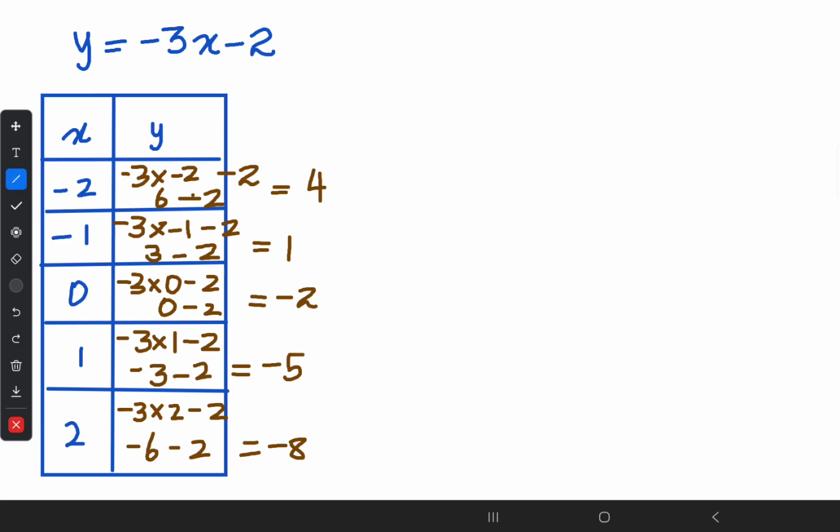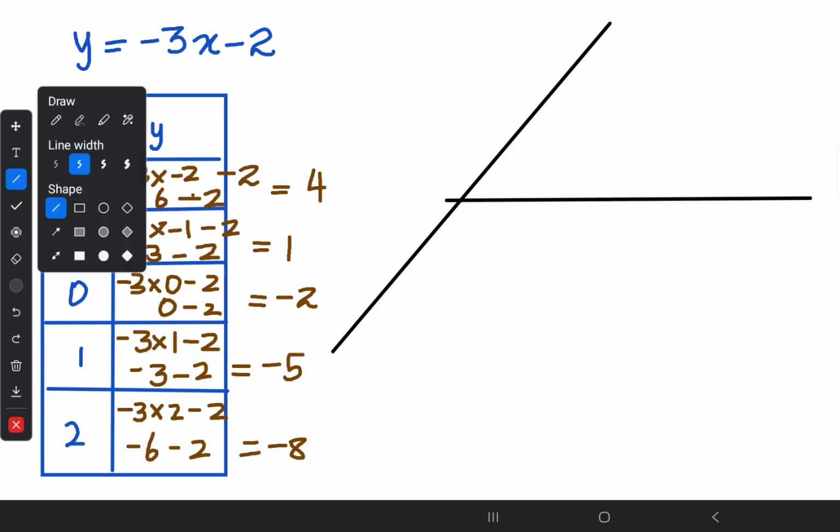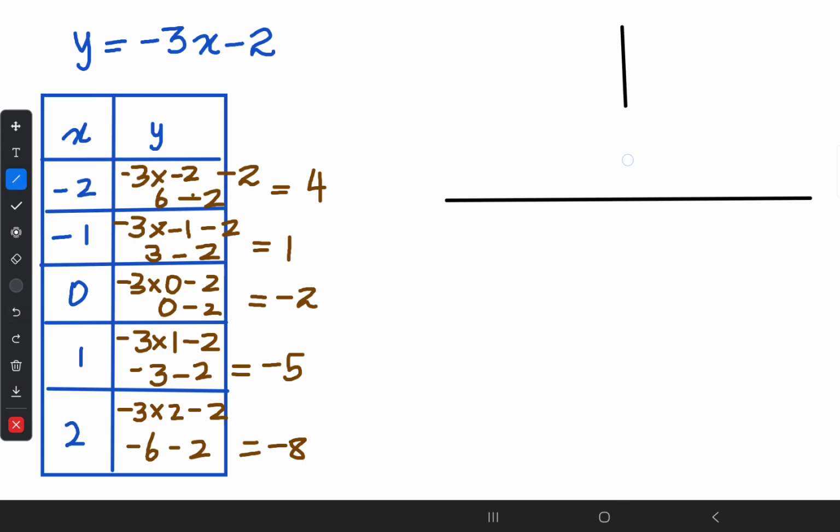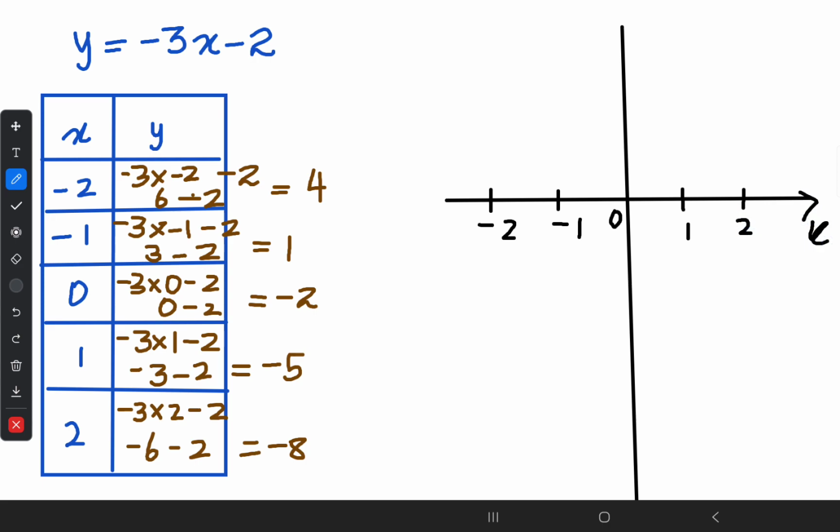Accordingly, let's draw our axes. X-axis: negative 2, negative 1, 0, 1, 2. Mostly the x-axis cases are simple. On the y-axis, the minimum is negative 8.